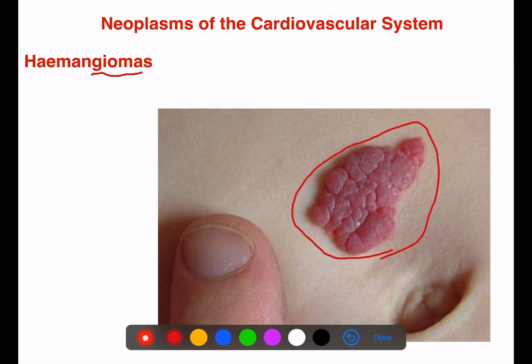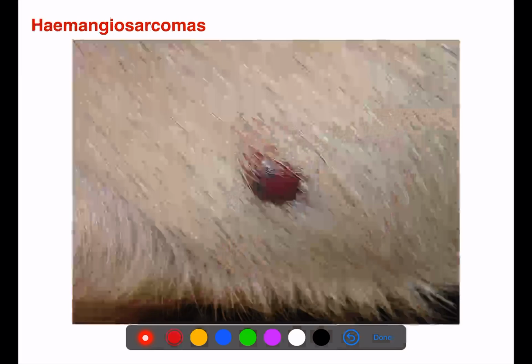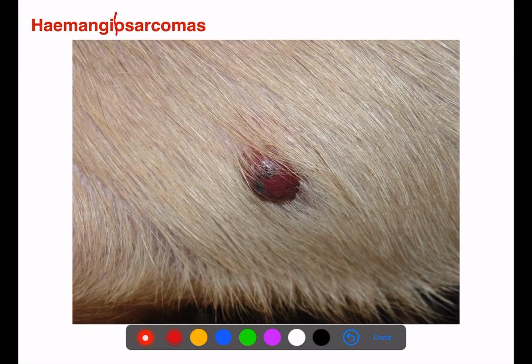The suffix indicates a benign tumor of endothelial cells. Hemangiosarcoma refers to a malignant tumor that affects the blood vessel and leads to continuous proliferation of blood vessels. It is not rare in animals, it occurs in cows and dogs also.